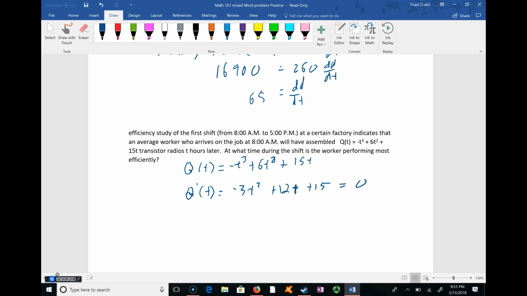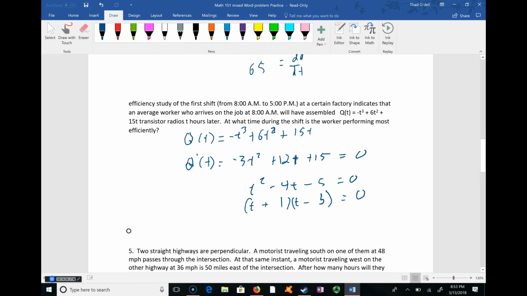Set that equal to 0, divide everything by negative 3, that would give me t squared minus 4t minus 5 is equal to 0. I think that'll factor into probably 5 and 1, where 5 is negative and 1 is positive. So that would mean t is equal to negative 1 or 5.